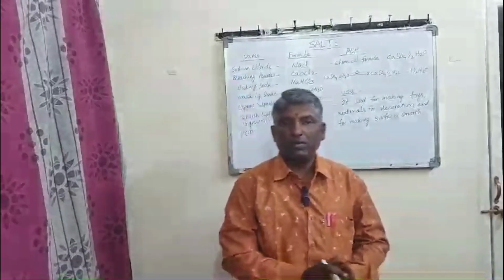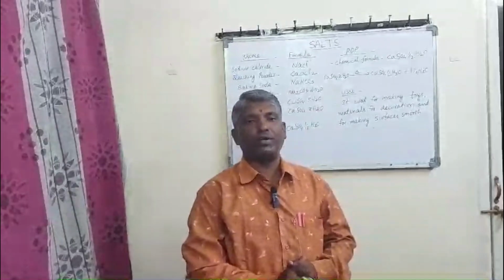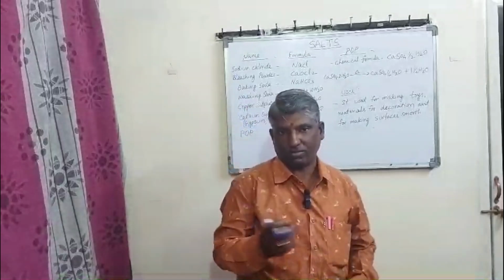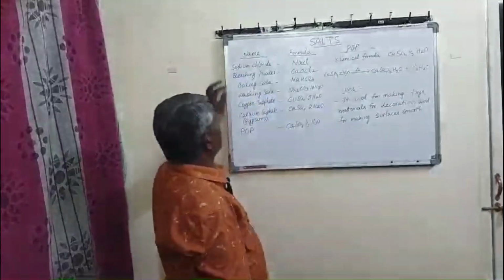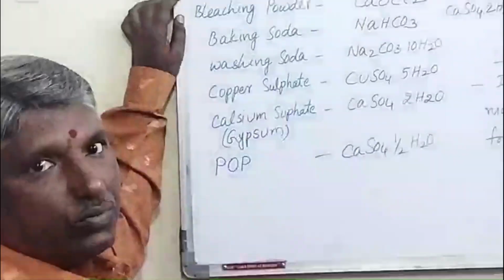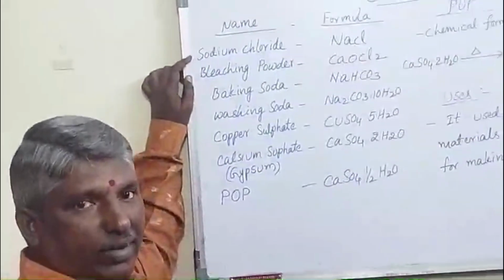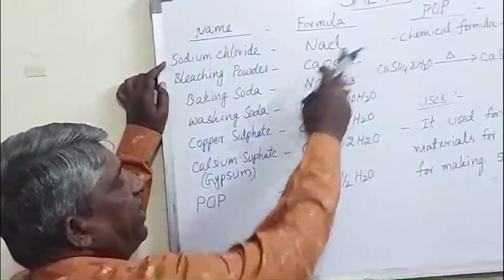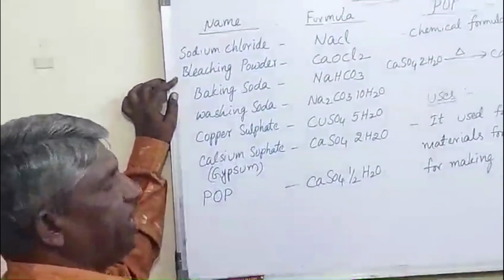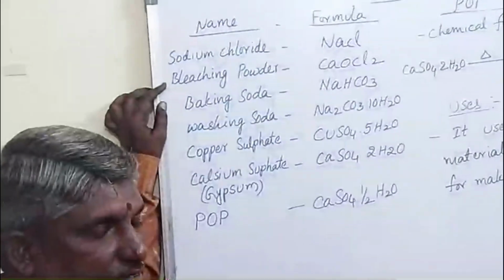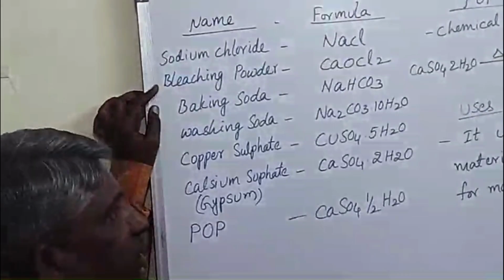In the salt concept, we are learning some different salt names and formulas. Just observe. Sodium chloride is also called common salt or table salt. Its formula is NaCl. Bleaching powder: calcium oxychloride is its chemical name.